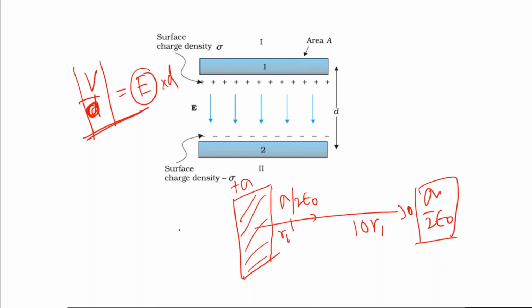So see, electric field in general is K Q by R square, where K is 1 by 4 pi epsilon naught. As you are here at point P, the distance is r1. How much can you see?